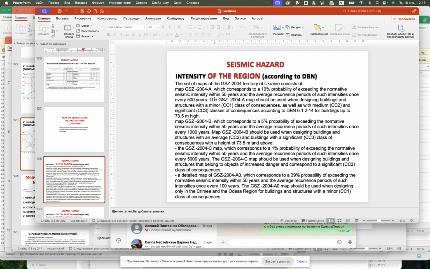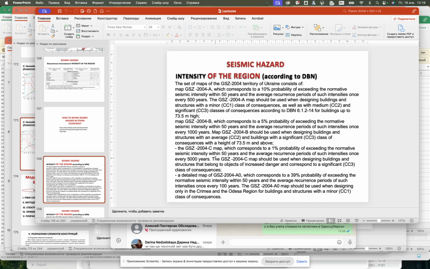So all consequence classes, but with the height less than 73.5 meters, we will define according to map A. All the buildings with the height of more than 73.5 meters will be defined according to map B. And when we're talking about map C, it is for unique buildings with increased danger. And in this case, we will use map C.